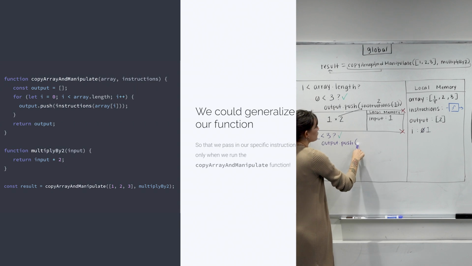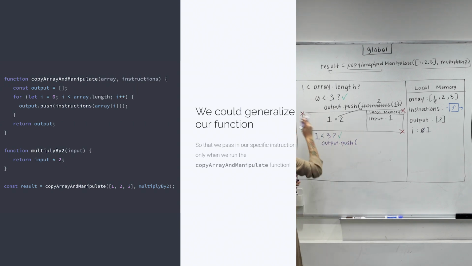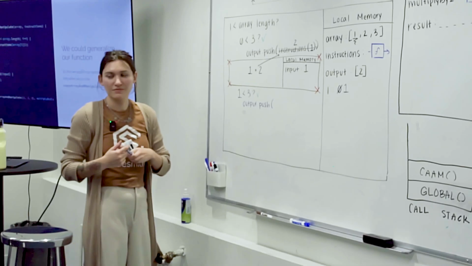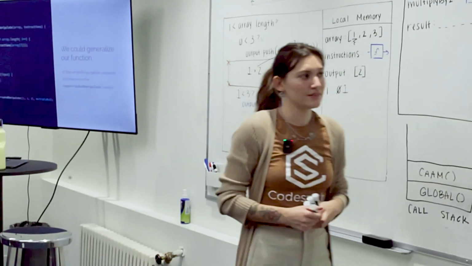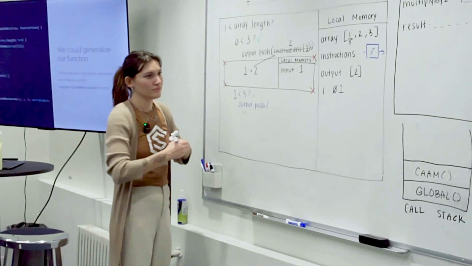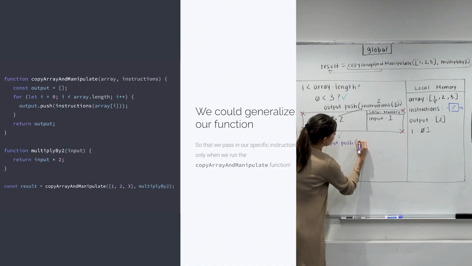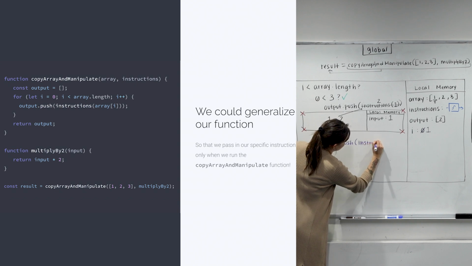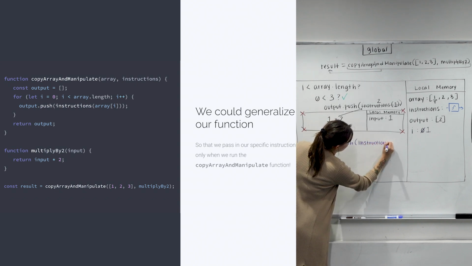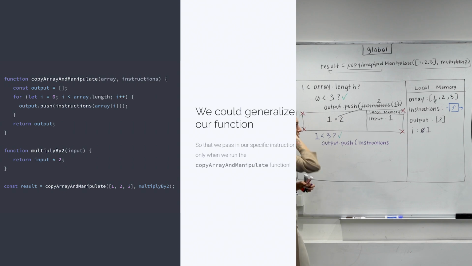And what are we passing into the push method? Sorry, yeah, we're pushing instruction, which is multiplied by 2. Cool. So we're invoking instructions. And what are we passing into instructions?